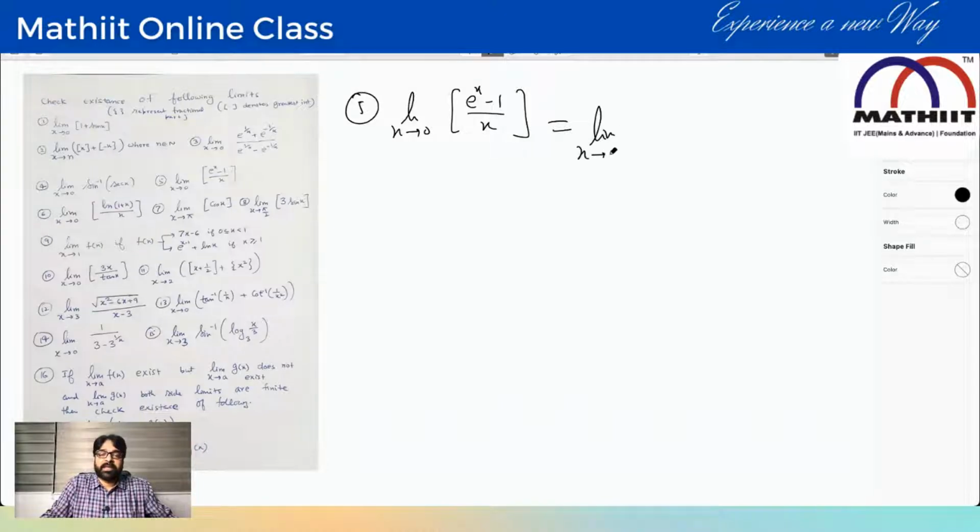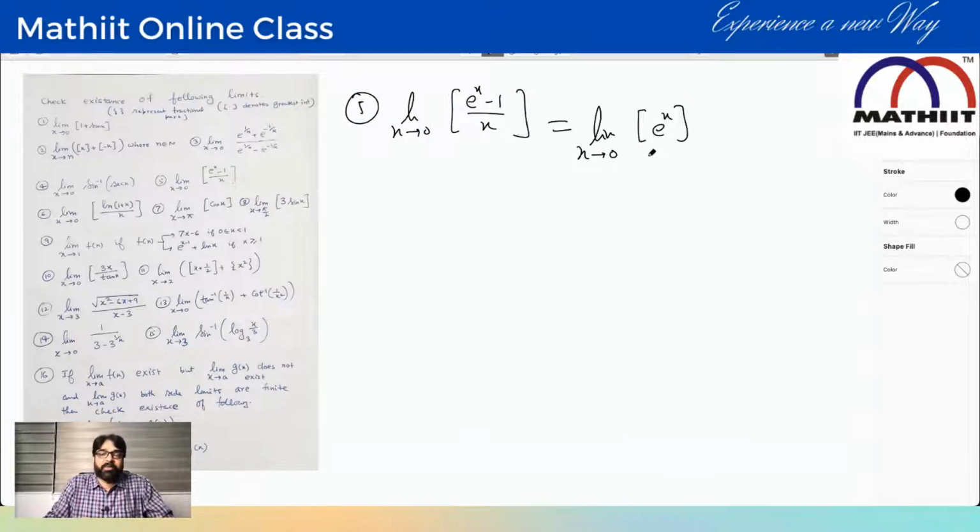This will be the same as applying L'Hospital's rule: e power x differentiated gives e power x over 1. So greatest integer of e power x. In place of checking this, I will check that. Why, sir? Because checking here is slightly difficult, because the indeterminate form is inside the greatest integer. If you get an indeterminate form, I will always suggest first convert it to determinate form and then check it. So now this is the question.